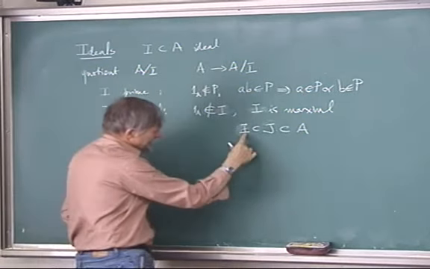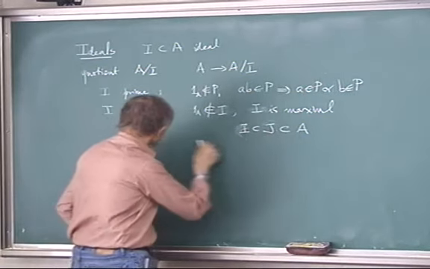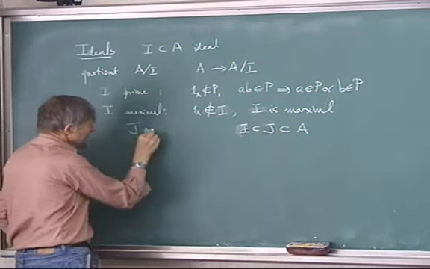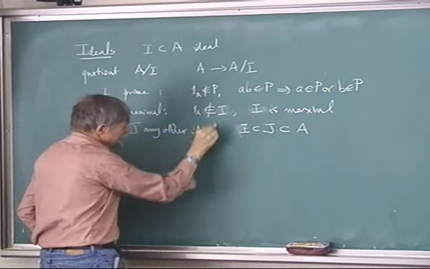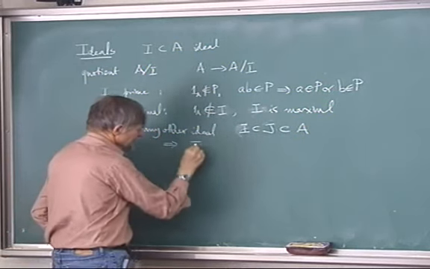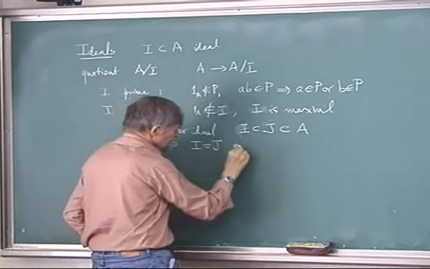I've got this ideal in A, and if J is any other ideal with M contained in J, this implies that M is J, or J is A.